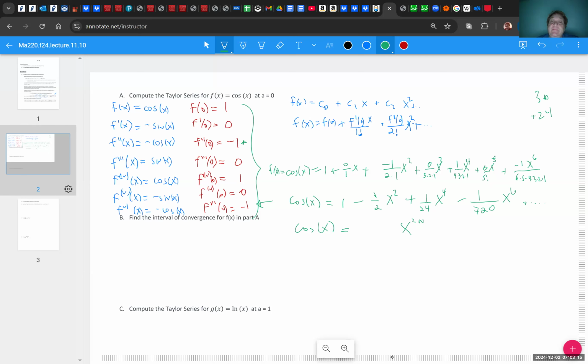2n is always even. The series does go from positive to negative to positive to negative. The most common way of making things alternate like that is just by putting a -1 to the n in there. We have to make sure it lines up. So this is the n equals 0 term. When I stick in n equals 0, -1 to the 0 is positive, so that's nice. This would be the n equals 1 term.